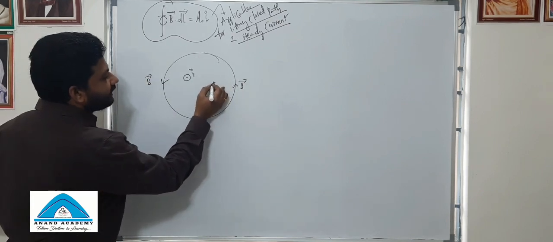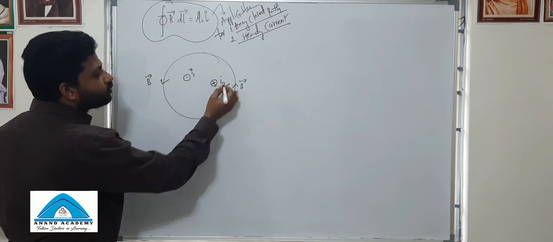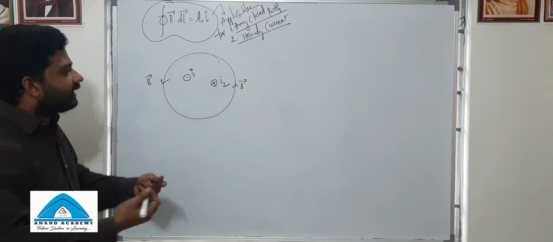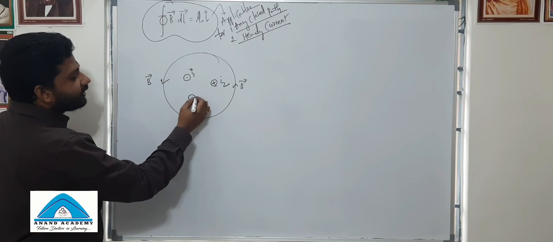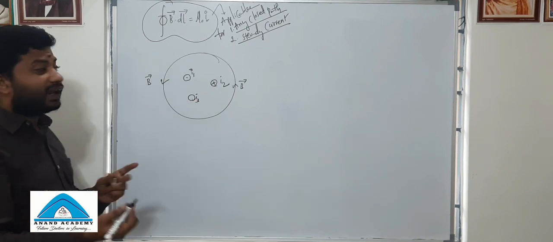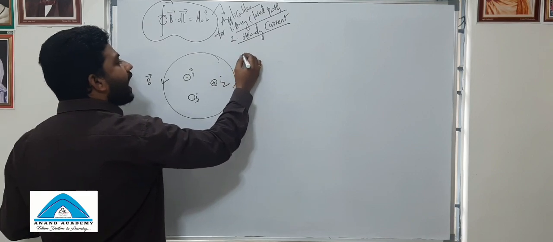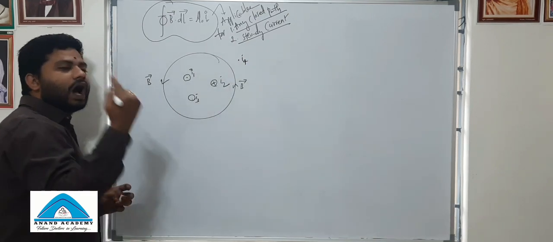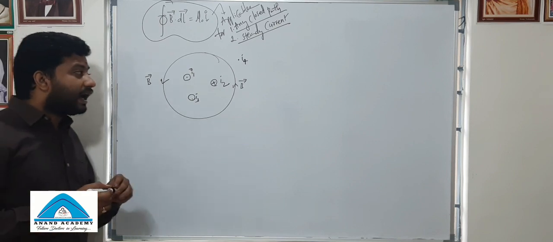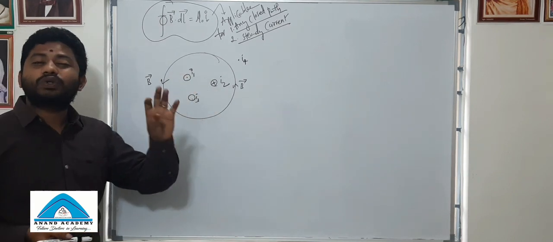And there is another current I2 moving into the plane. And there is another current I3 moving out of the plane. And outside the loop, there is a current called I4 moving out of the plane. Okay, so there are three currents enclosed by this loop.